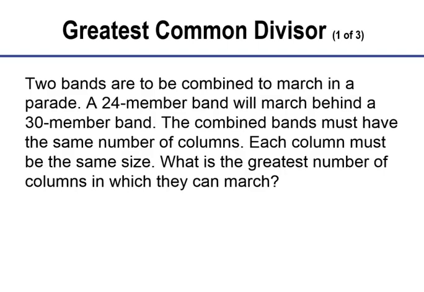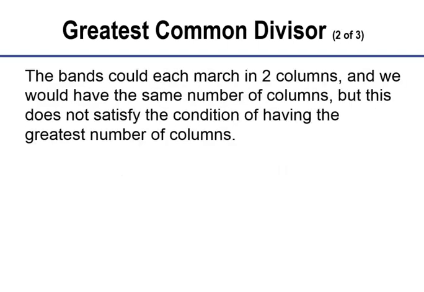So you have to imagine how we might do this. We need, again, the same number of columns. Now, it won't be the same number of rows, obviously, because we have a 24-member band and a 30-member band, but we want them to line up nicely to march in the parade. The bands could each march in 2 columns, and we would have the same number of columns.